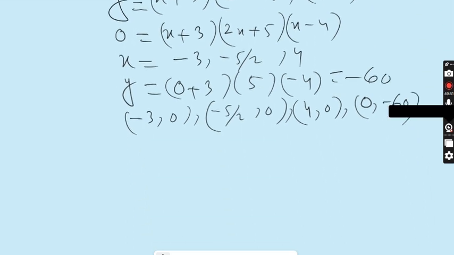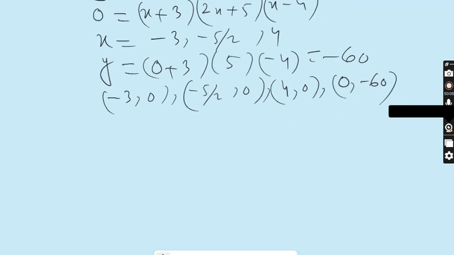It's time to find the end behavior. End behavior is very important. End behavior decides where the graph goes. As you can see, x approaches positive infinity, then y also approaches positive infinity.